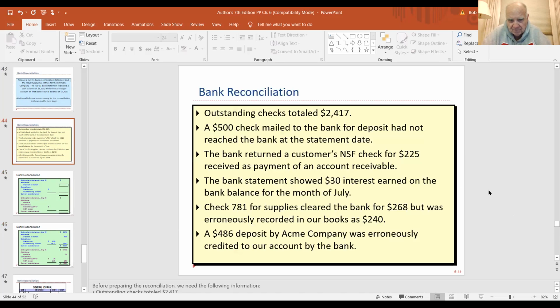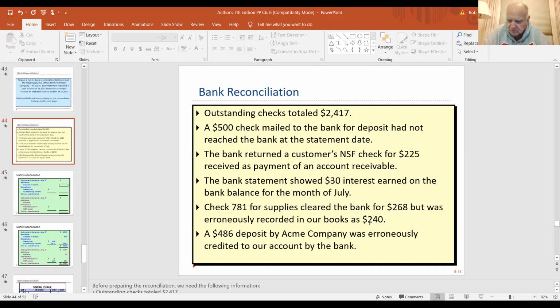And then let's see what we have here. Well, we have a bounced check, NSF, non-sufficient funds. Probably have to put that back into accounts receivable. We have to record a $30 interest income. Hey, that's great. Now, here's the type of mistake you will see, our mistakes. Here we have another check screw up. We wrote a check that cleared the bank for $268. The bank took $268 out of our bank account.